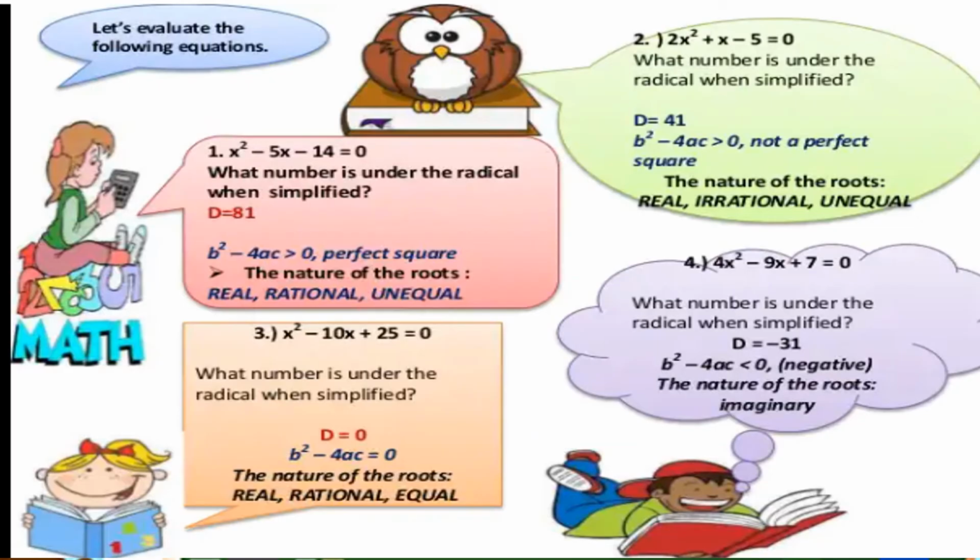Okay, let us proceed. Okay, ito na class. Yung evaluation about our discriminant. So, alam na natin kung paano kuhanin si discriminant. Alam na natin na si discriminant ay dapat makuha. Paano nga daw dapat kinukuha ang discriminant?